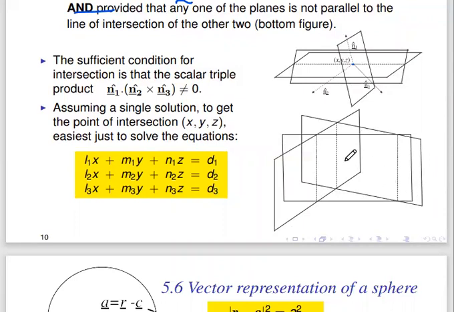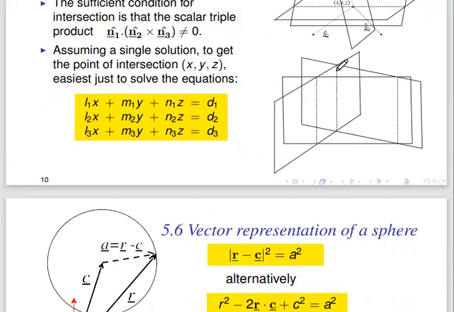If you look at the normal vector, this is the common intersection line of these two planes, this one and this one. And look at this third one. The normal to this plane is perpendicular to the line of intersection, right?